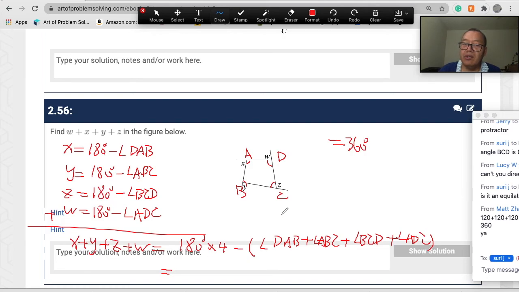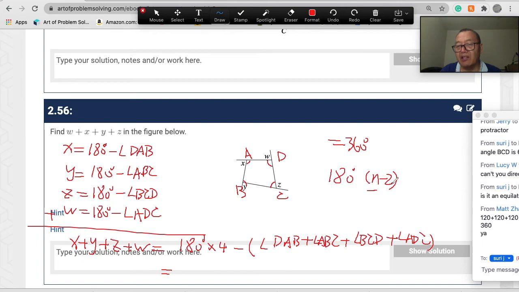This is true for any quadrilateral, because of the formula for a polygon: the sum equals 180 degrees times n minus 2, where n is the number of sides of that polygon. You can check for a triangle, n equals 3.